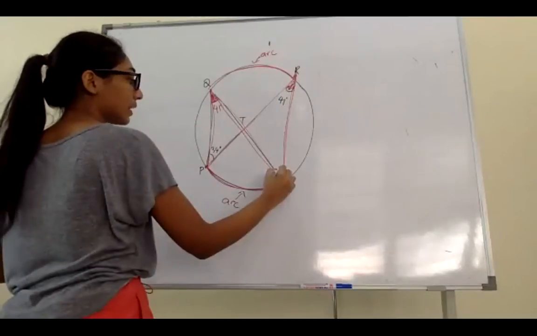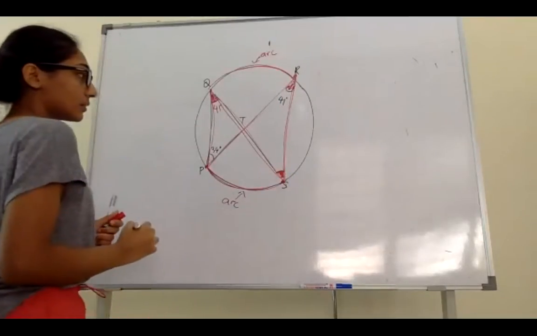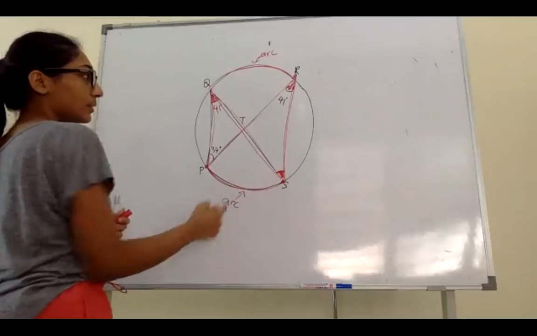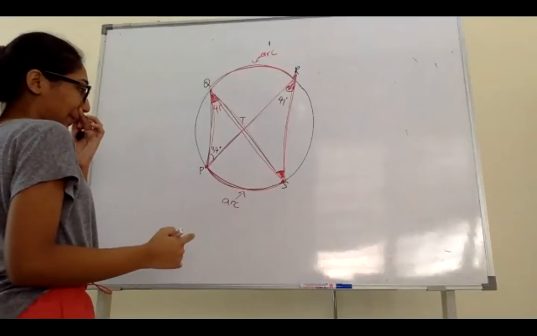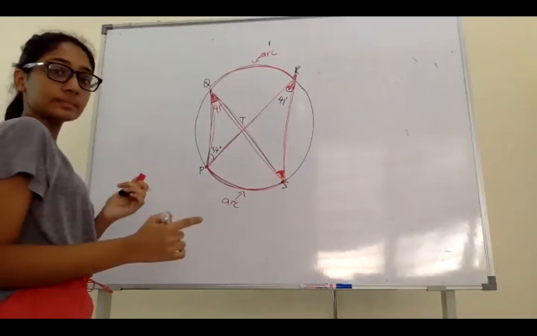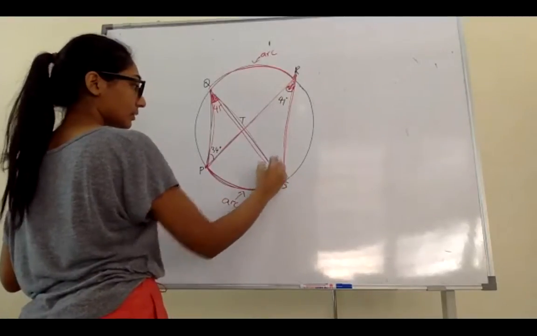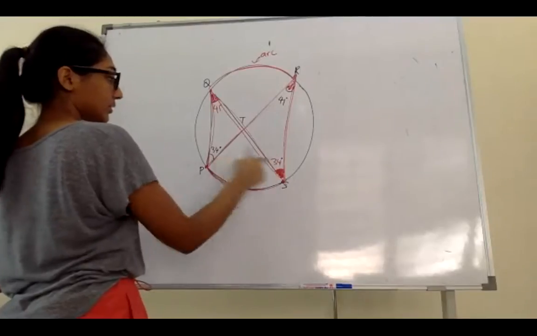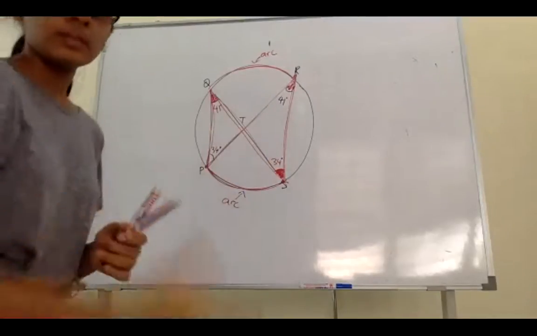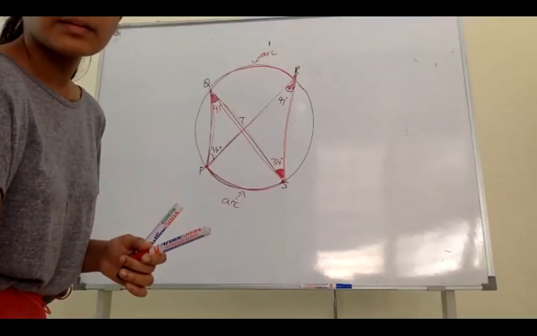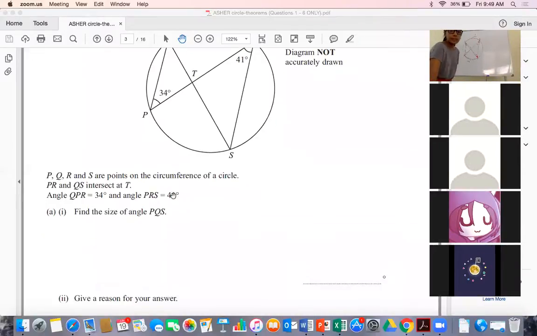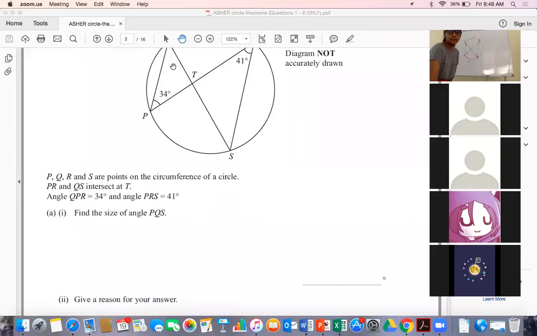So how many degrees would this be? What would this angle be? 34. 34, 41, 41. Okay? So angle PQS will be 41.